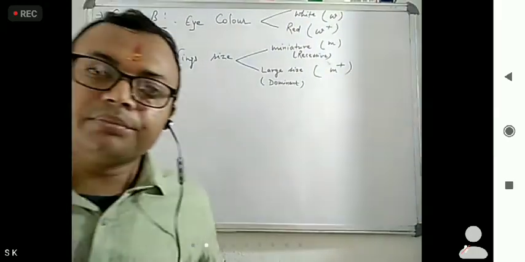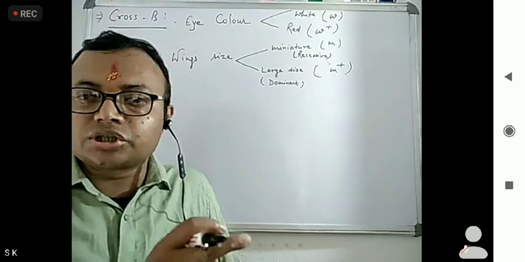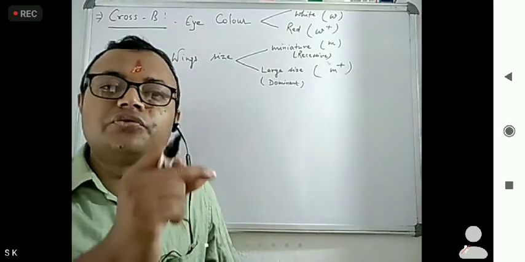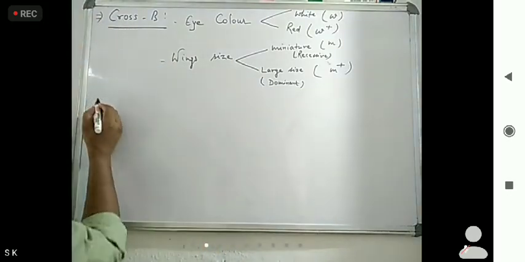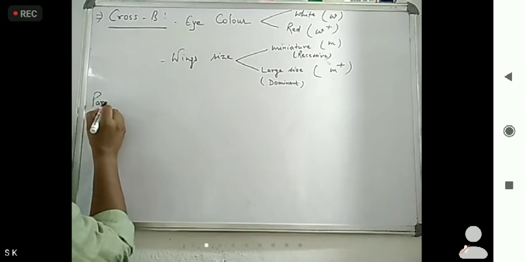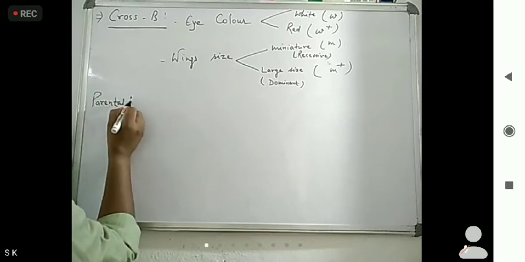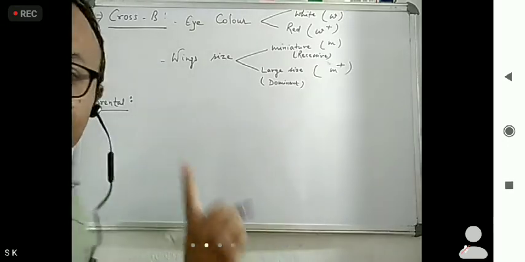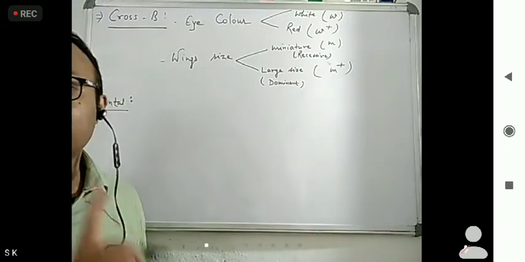Then again he does crosses. Before that, we have to come to the first parental types, which are the same: female XX and male XY.